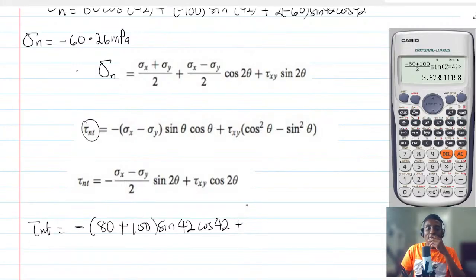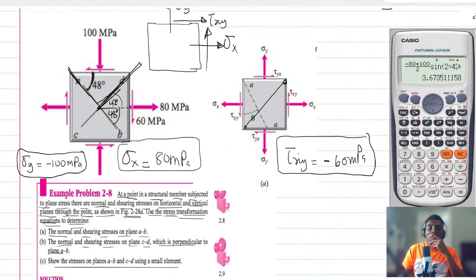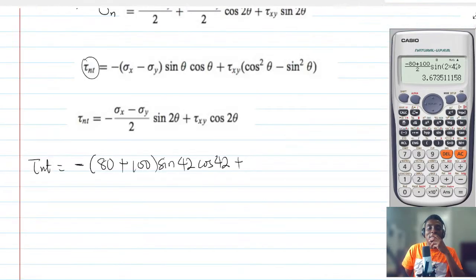Tau xy is minus 60. So minus 60 times cos squared 42 minus sine squared 42.